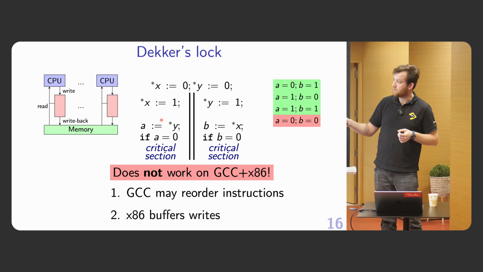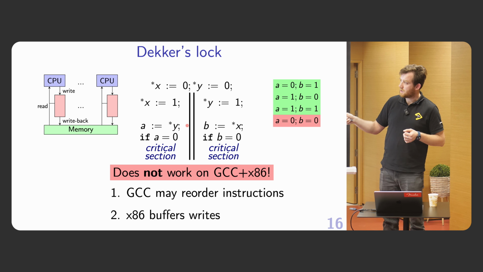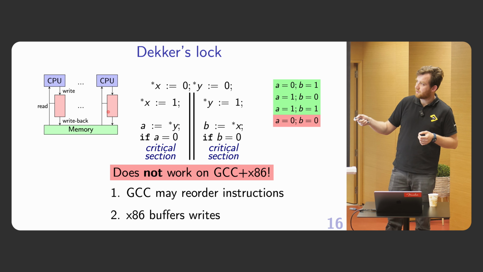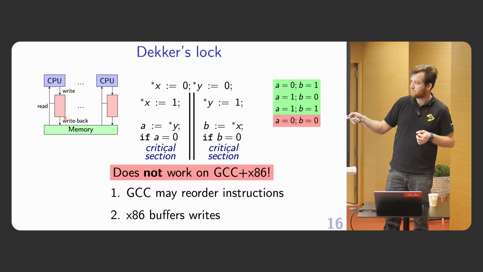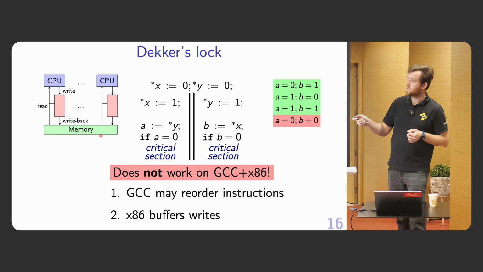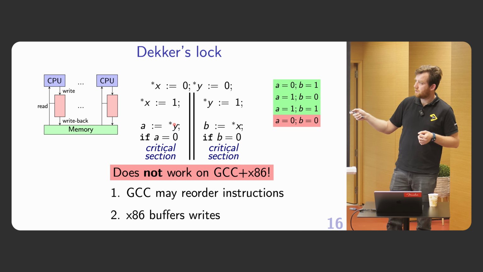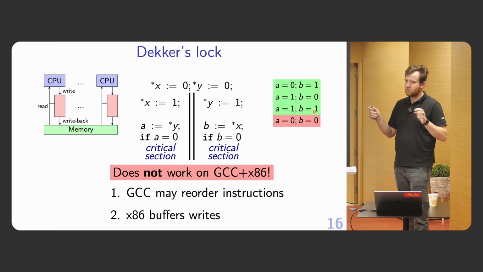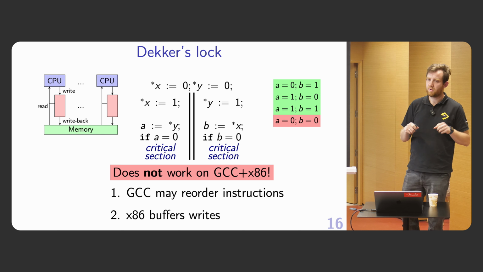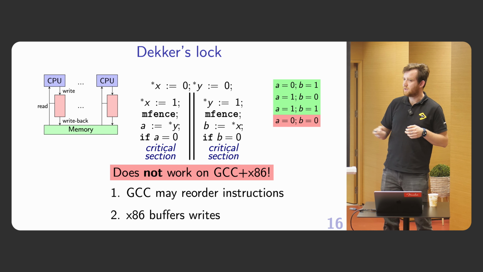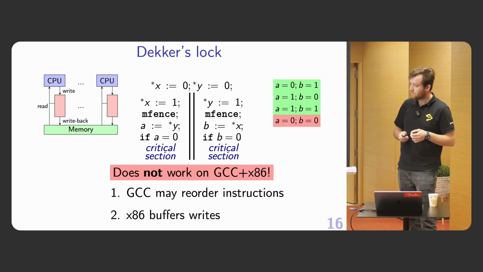Then the reads are performed, so the left thread executes this read from y. There is nothing in its write buffer which assigns anything to y, so it goes to memory and gets the value 0. The same happens in the second thread. So this is how we got the result A equal to 0, B equal to 0. Then at the end of program execution, the buffers could be flushed, but it's too late for the reads to get the proper values.